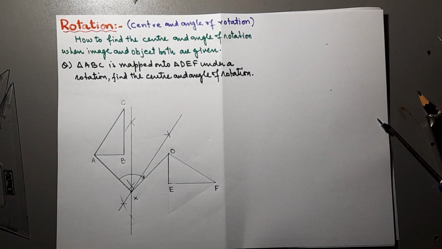So this is the way in which we can find out the center of rotation and angle of rotation. To find out the center of rotation, we will draw two perpendicular bisectors. The point of intersection of the perpendicular bisectors is the center. We will join one image point with the center and the object point with the center. The angle between these two lines is the angle of rotation. And we will also have to mention whether this is clockwise rotation or anti-clockwise rotation.